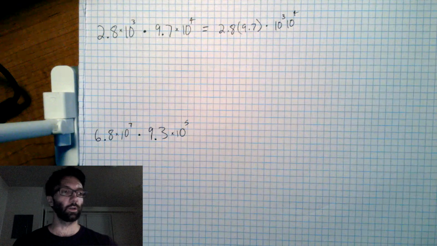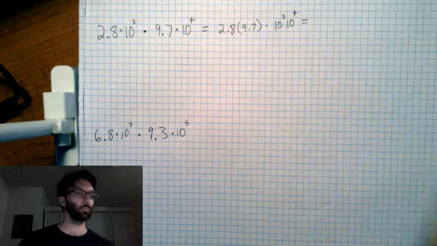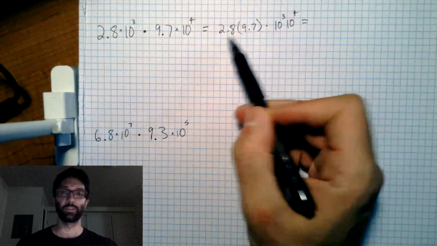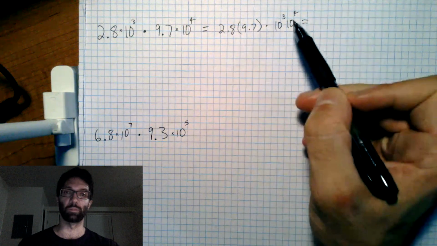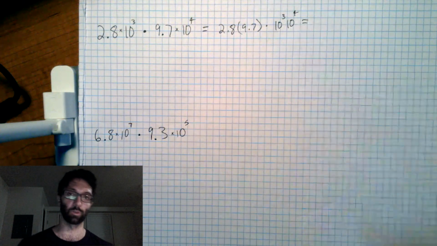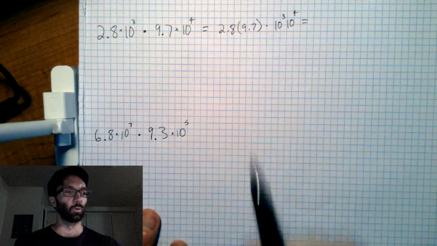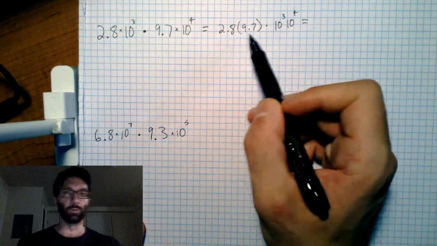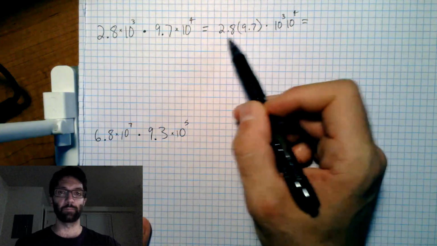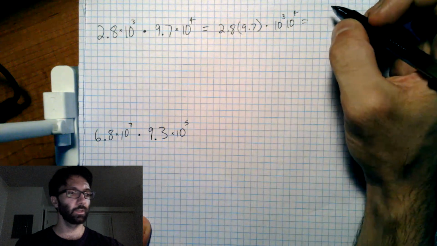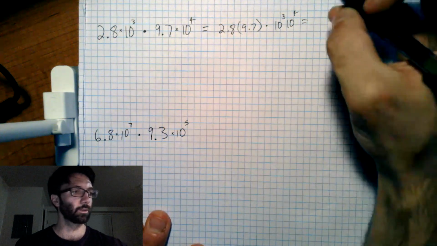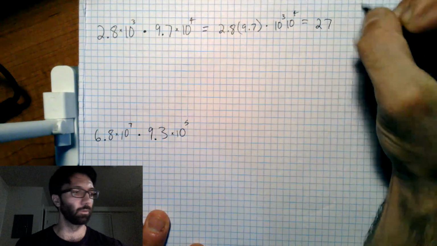And so really all we have to do here is just multiply these two values, multiply our powers of 10, and then multiply them together. So you could use a calculator or do this by hand, but 2.8 times 9.7 turns out to be 27.16.